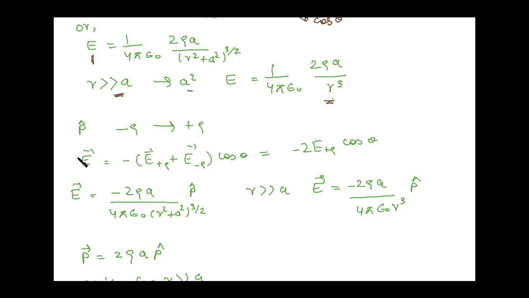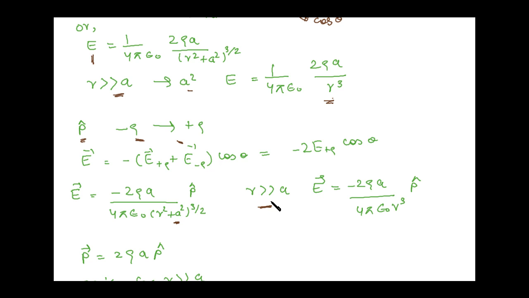Now since direction of unit vector p cap points along the dipole axis from charge minus q to plus q, in vector form electric field due to dipole would be E is equal to minus E plus q plus E minus q cos theta, that is equal to minus 2 E plus q cos theta, and can be written as E is equal to minus 2Qa upon 4 pi epsilon naught (r square plus a square) to the power 3 by 2 p cap.